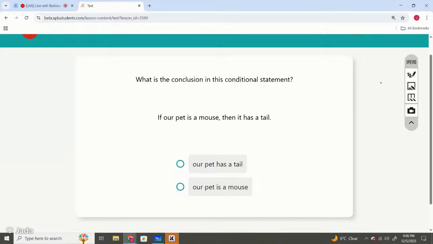If our pet is a mouse, then it has a tail. The conclusion is our pet has a tail. Option number one is the correct option.